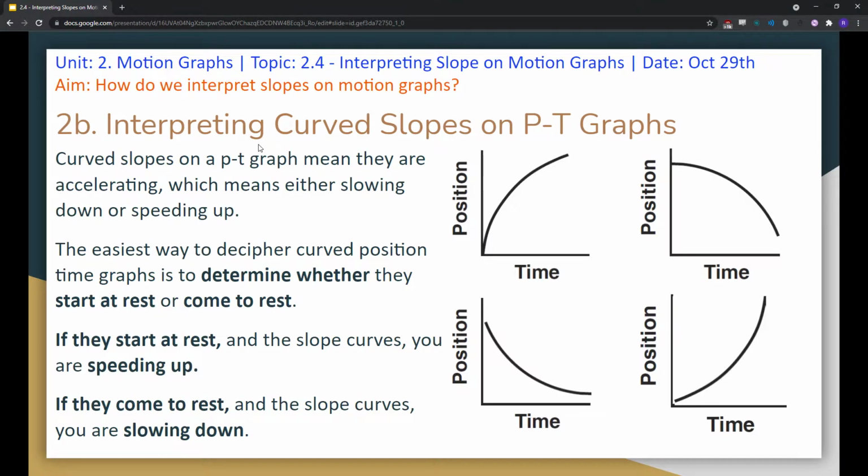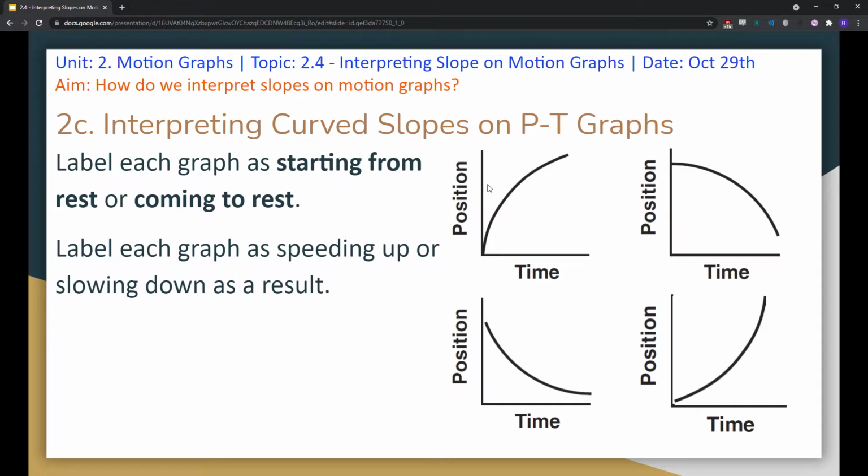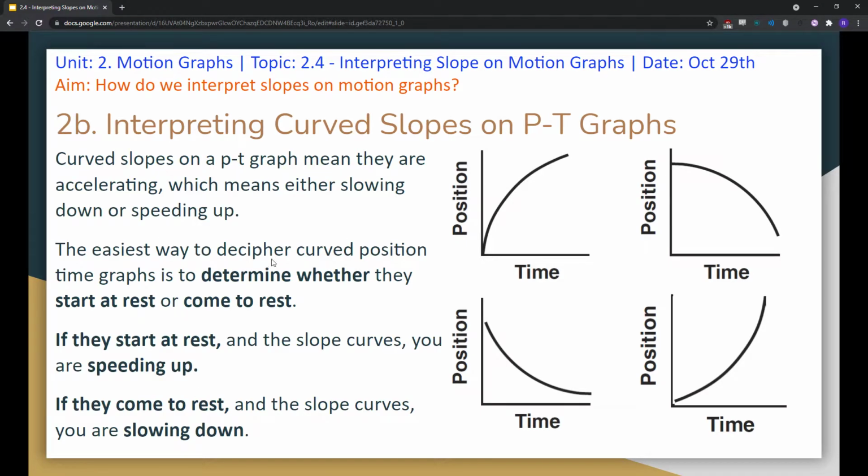Let's apply that. Now we're going to figure out what these four graphs mean. And the easiest way, and this is something you should copy down in your notes, to decipher these curved position time graphs is we have to figure out, do they start at rest or do they come to rest?